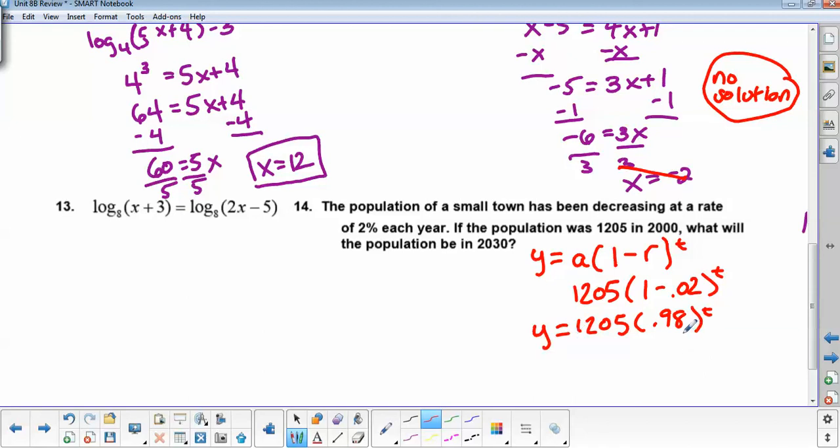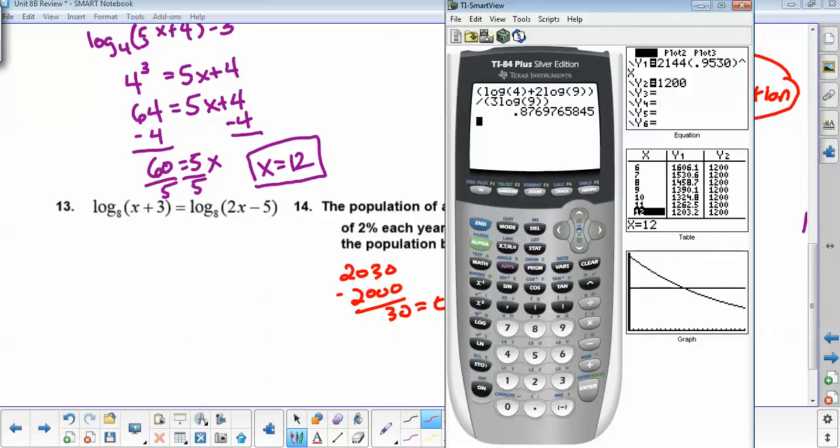And now we need to use the model to find the population in 2030. So 2030 is how many years after 2000? 30 years. So that's going to be the time you're going to put into the equation. So on your calculator, you're going to type 1,205 times 0.98 to the 30th.